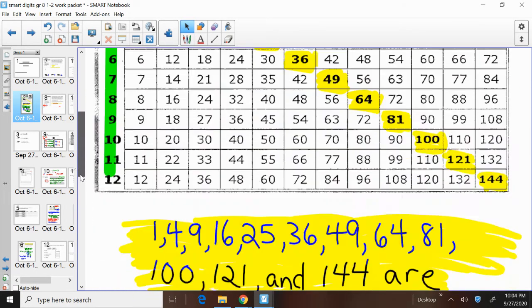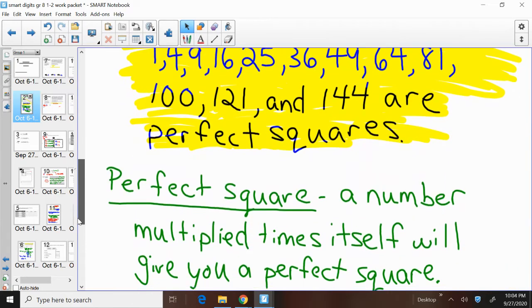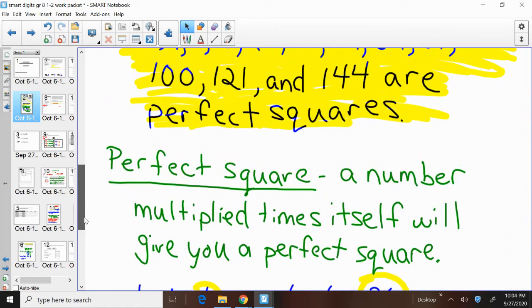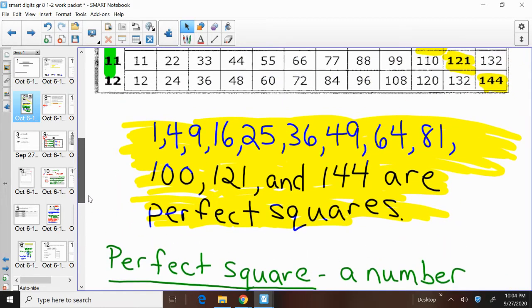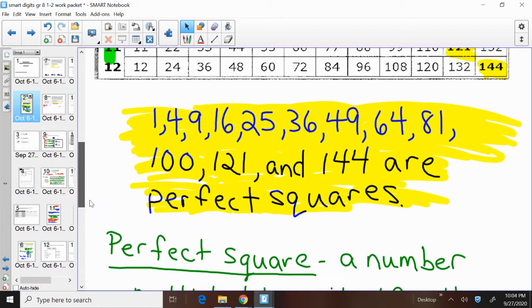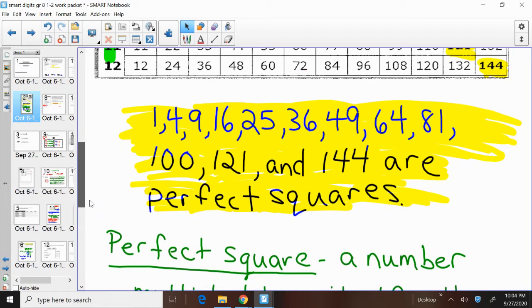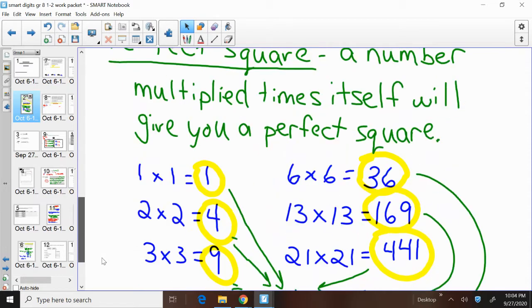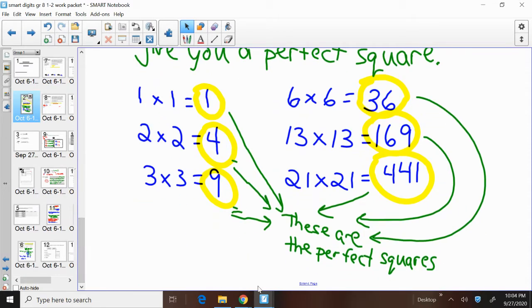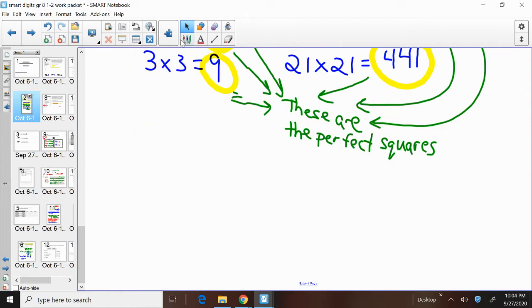So what does that mean for square roots? Well, square roots are related to perfect squares because, as I said, if you take a number and multiply it by itself, you get one of those perfect square numbers. So if I was going to take a square root of one of those, the square root symbol, which you've probably seen before, looks like this. It kind of looks like a long division symbol, but it's not.